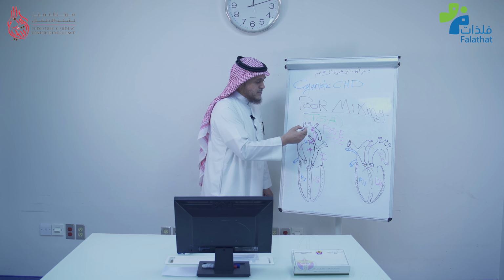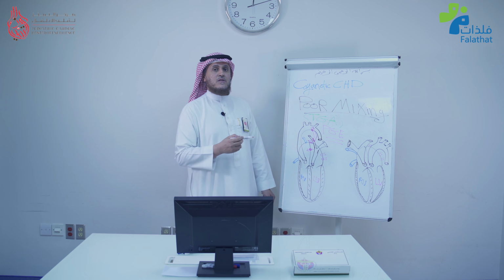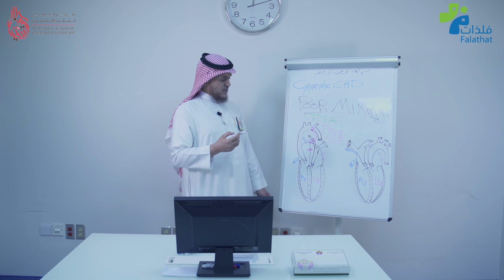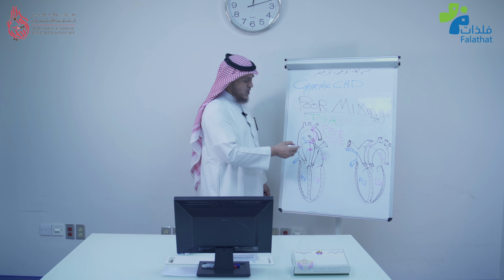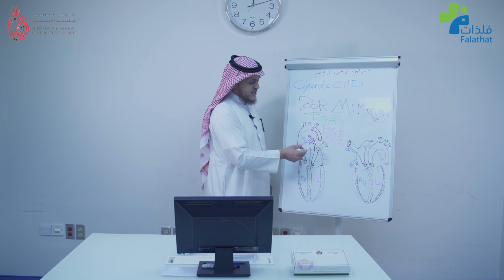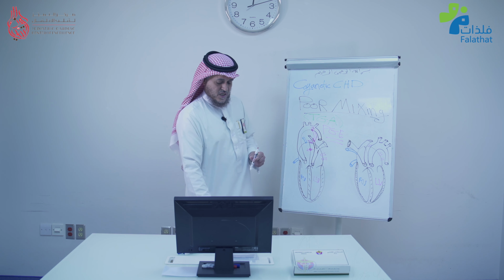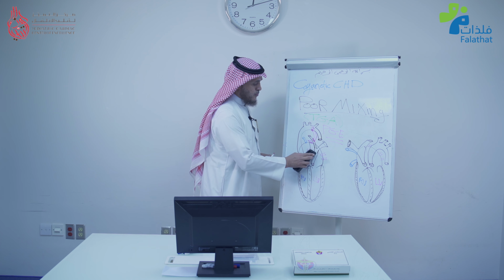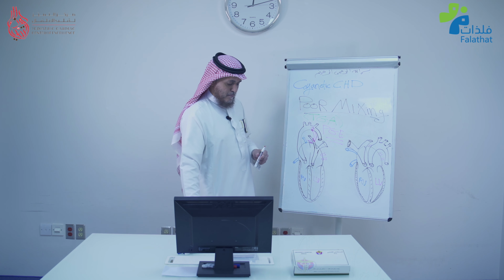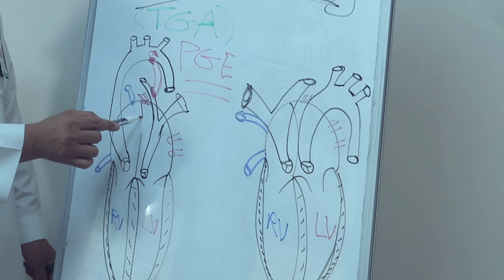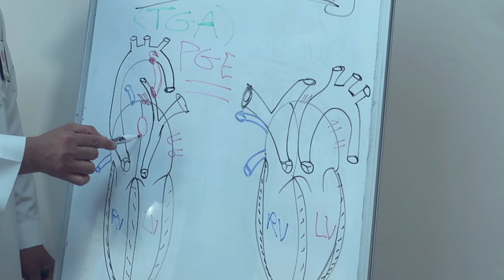Sometimes the PDA is not enough of a mixing site for transposition of the great arteries, and we have to revert to increasing the size of the PFO, or patent foramen ovale, making it an ASD rather than just a small hole.